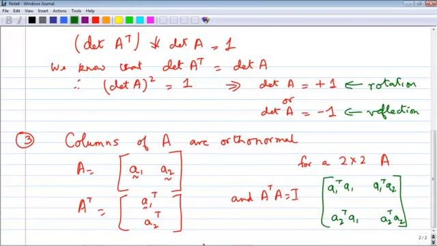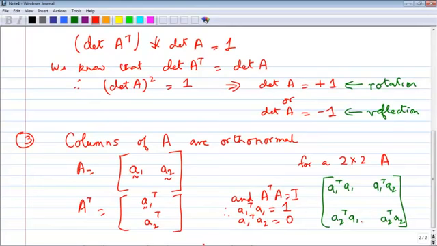Okay, but the key point is that this product of A transposed A is equal to the identity, and this tells me that therefore A1 transposed A1 must be equal to 1. A1 transposed A2 must be equal to 0.